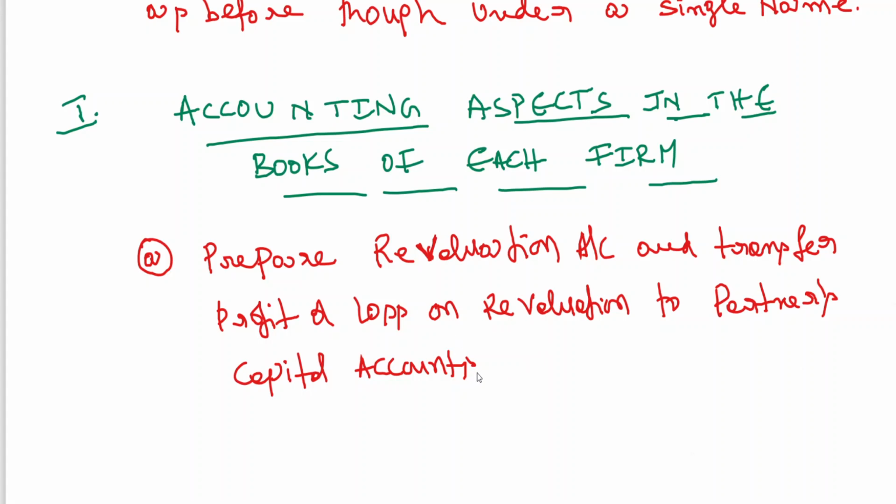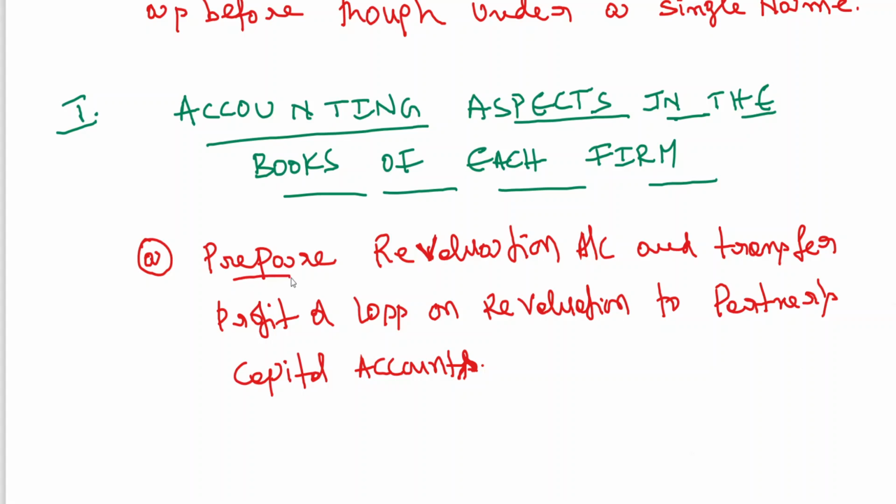You know how to prepare the revaluation account: increase in the asset, credit; decrease in the liability, credit; decrease in the asset, debit; increase in the liability, debit. The difference in the revaluation account, the result of revaluation, is transferred to partners' capital. Same concept.